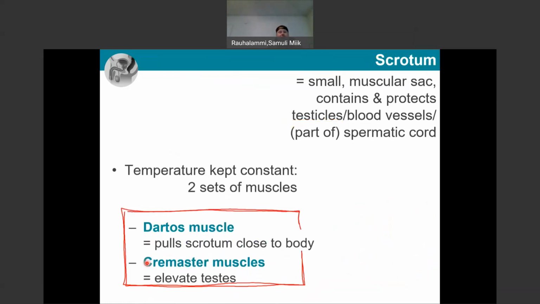And of course, in response to the temperature changes, the goal for us is to keep the temperature constant. So if it is too cold outside, then dartos muscle and cremaster muscle play a role, dartos pulling the scrotum closer to the body, and cremaster elevating the testis. So again, that we maintain that optimal temperature for the sperm to be produced and mature.